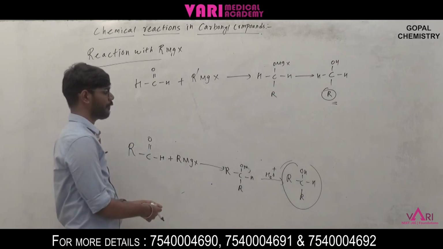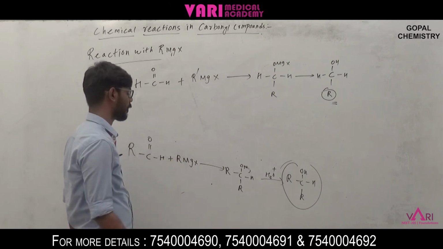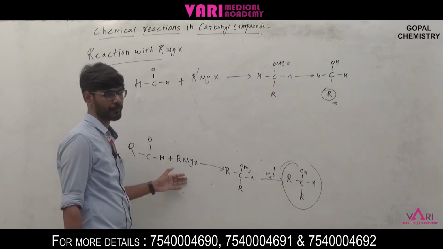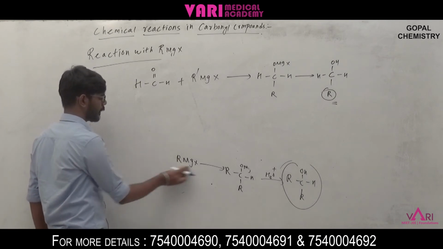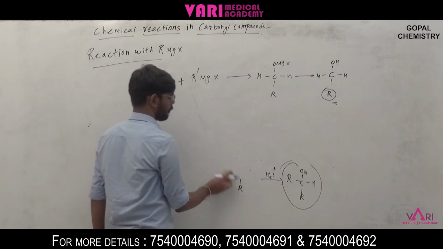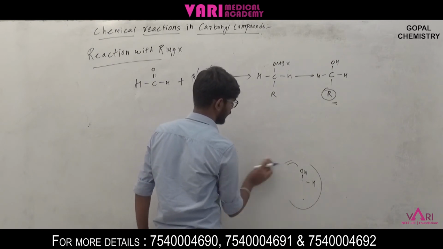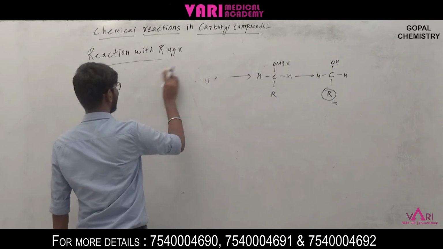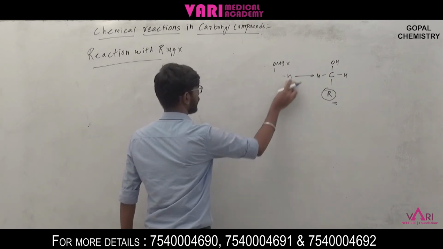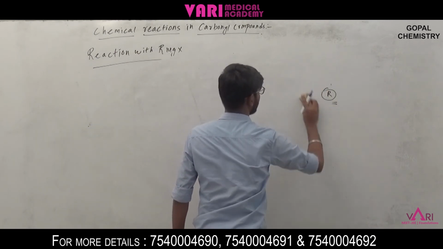Okay, so we can prepare 3 different types of alcohols by using this reaction. This reaction is when carbonyl compounds are treated with alkyl magnesium halides, which is named Grignard reagent.